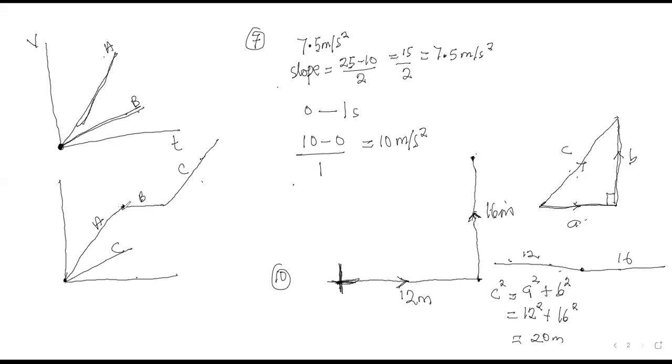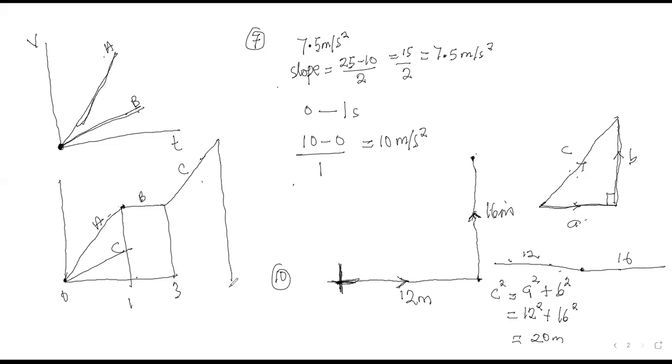So calculate the slope for this, which is from 0 to 1, and determine the slope for this time interval, which is 3 to 5.